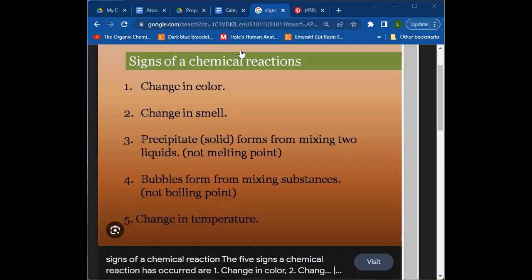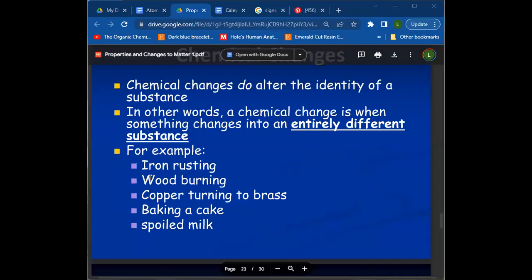Okay, so those are all signs of chemical reactions, which are basically signs of a chemical change.